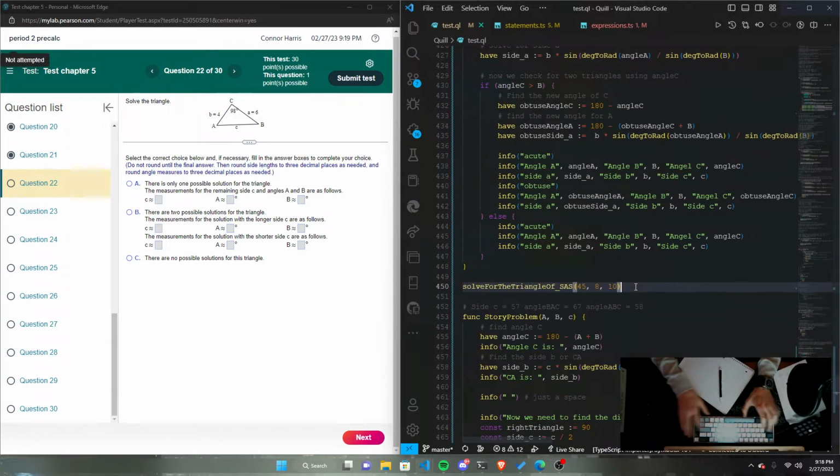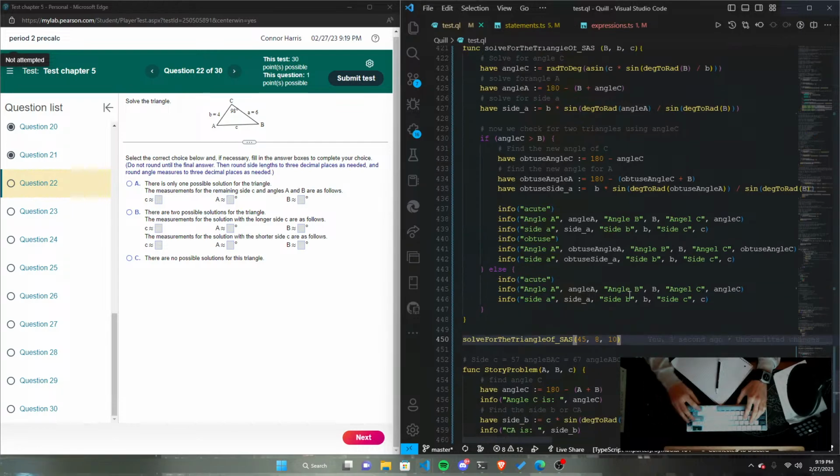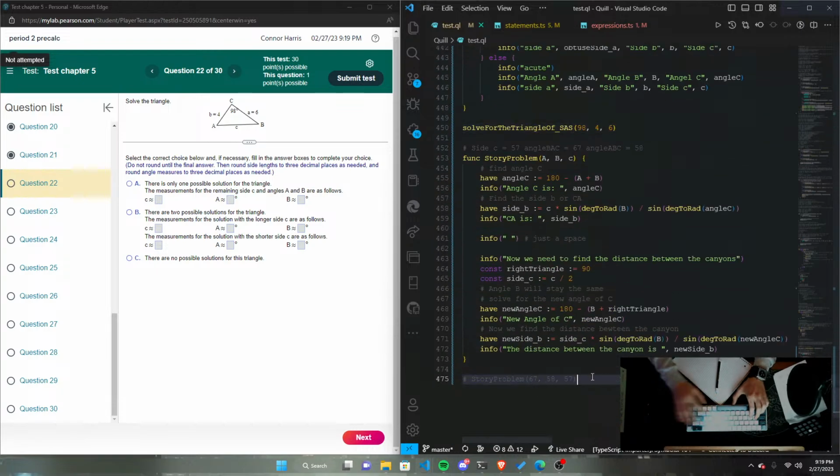So we can actually just reuse this and say that our angle, which is B, would technically be C. So we have 98, 4, and then 6. I think we can now run that.